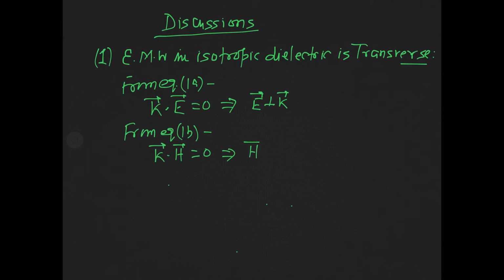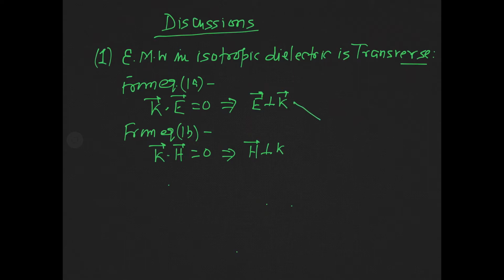So this result implies that the magnetic field vector H is perpendicular to k. So we see here that the electric field vector E and the magnetic field vector H both are oscillating in a direction perpendicular to the direction of the wave vector k, and this is why this wave is of transverse nature.